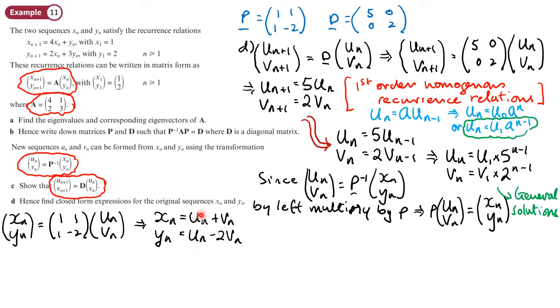Right, now we can replace un and vn with the general solutions here.